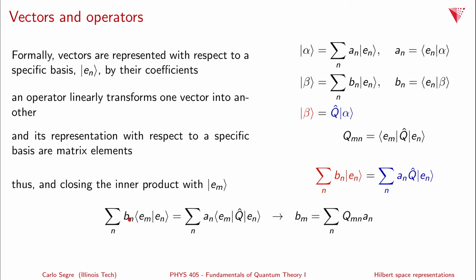And this only gives you something when n is equal to m. And so this gives you that the coefficient B sub m is equal to the sum over n of the matrix elements of the matrix Q applied to the individual coefficients along the basis set. This is nothing more than a vector being transformed by a matrix. So it's just the definition of a matrix applied to a vector.